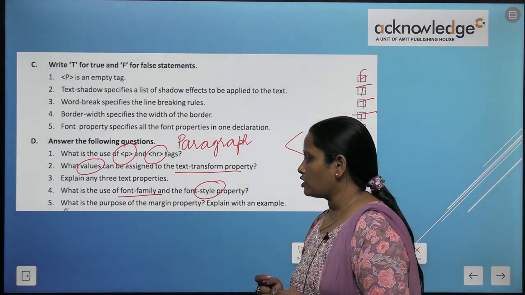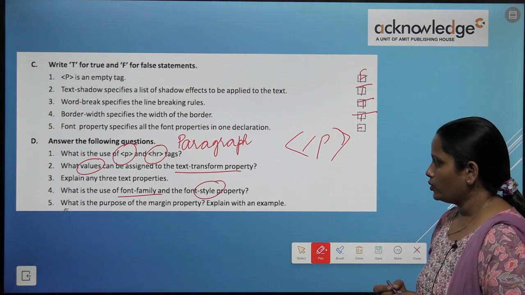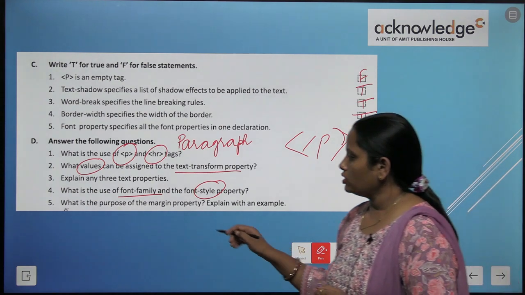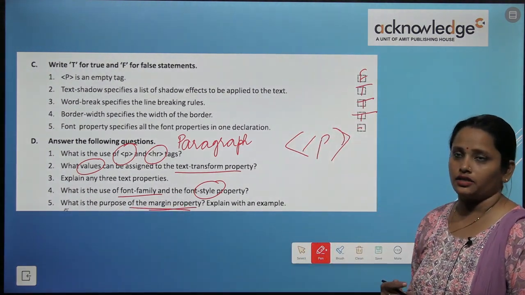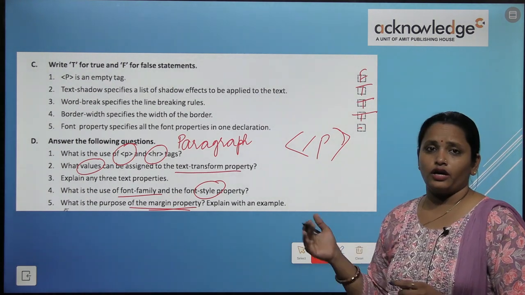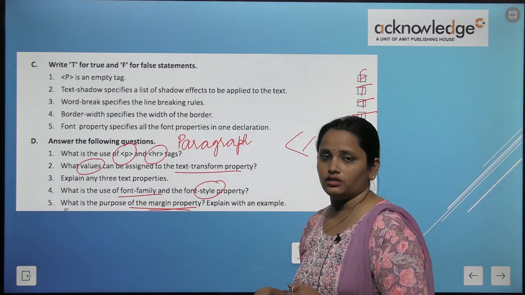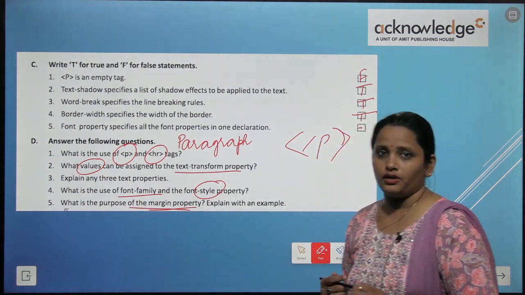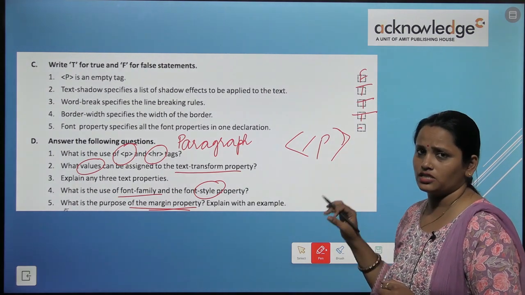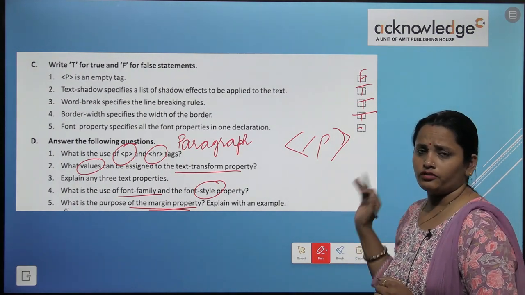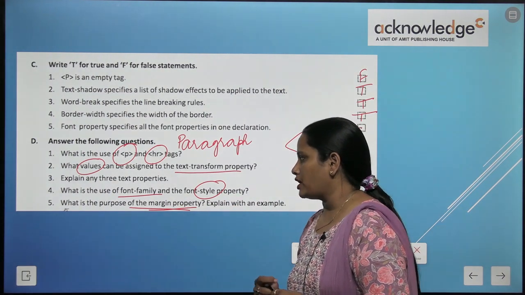Next, what is the purpose of the margin property? And explain it with an example. So the margin property is used to insert the margin in our text that we are writing in HTML. We can insert the margin by using this margin property, and it can be inserted in four directions: left, right, top and bottom. So this is our margin property.